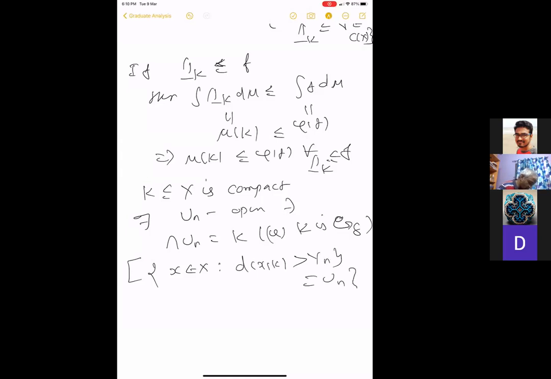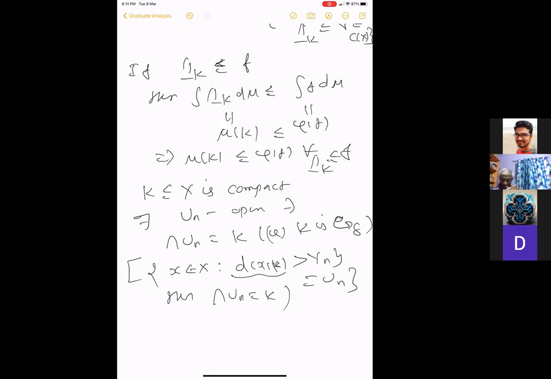Call this U_n. Then the intersection of U_n is K. X is a metric space, so you take this function d(x,K), which is a continuous function, so that is an open set, of course. This we went through in the analysis course when proving Urysohn's lemma.